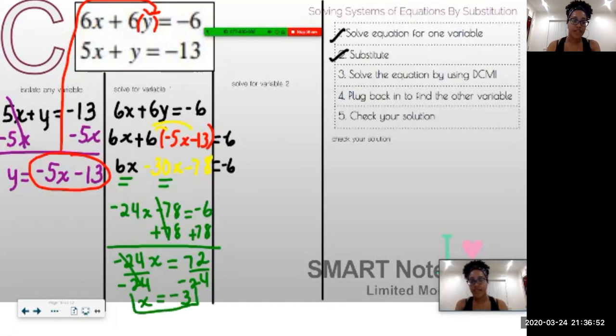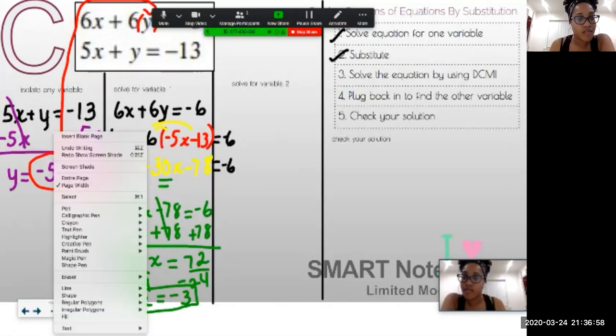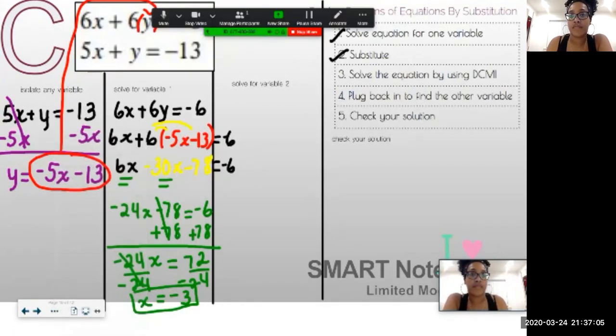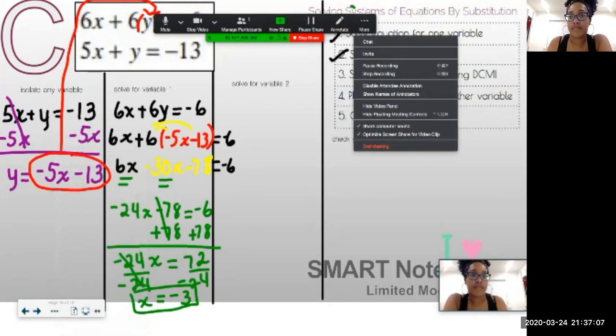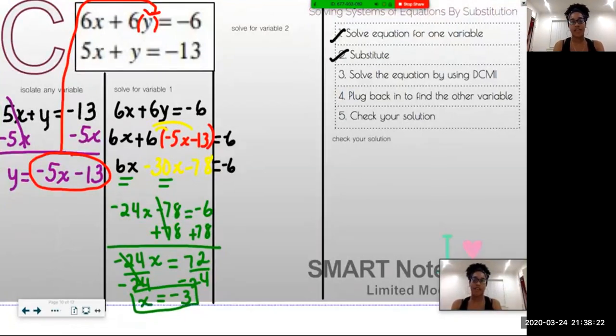Now I figured out what my x is. Lastly, I need to solve for my second variable. Okay, so as always, when we solve for our second variable, we're just choosing any of these equations to substitute back into.